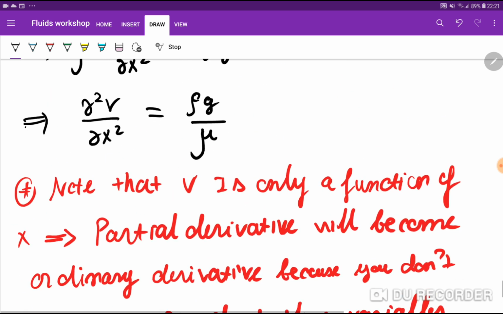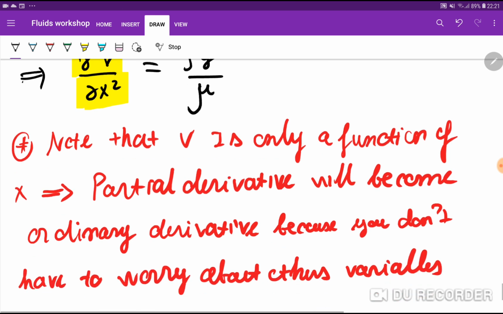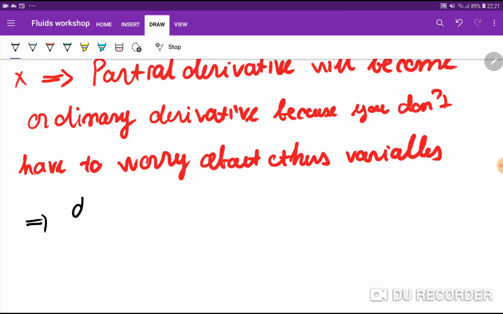It means that our partial squared v over partial x squared now just becomes d squared v over dx squared equals rho chi over mu. This is a very important term, and we can do some integration here.